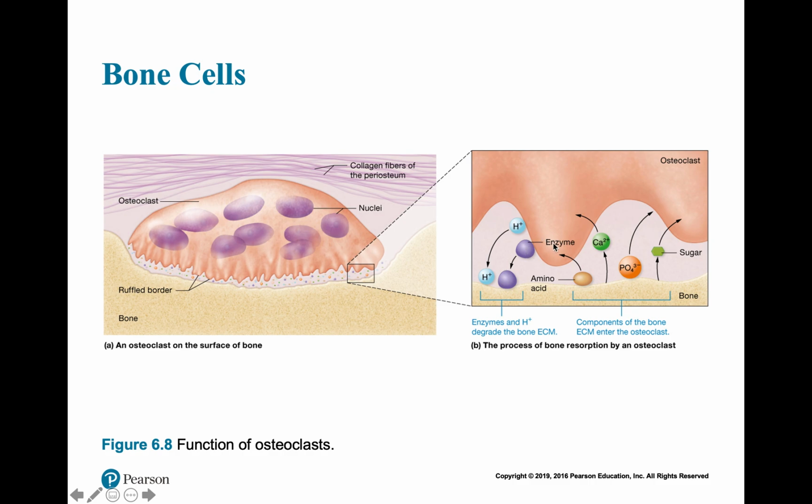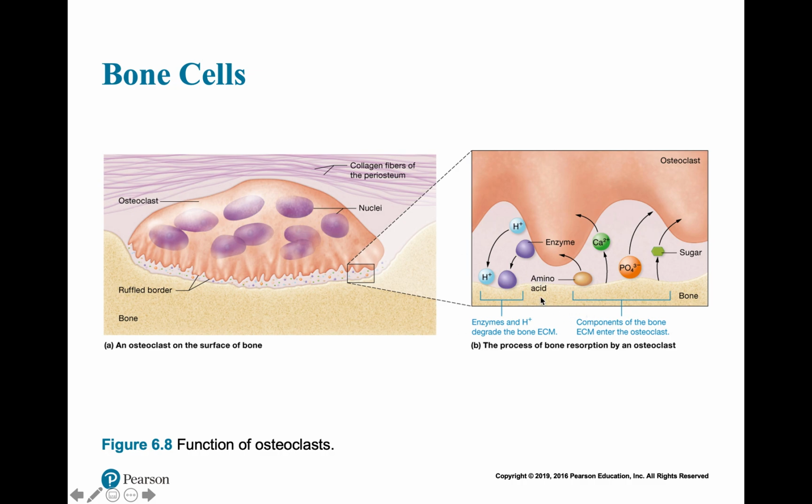Now, the enzymes that get secreted by the osteoclast will break down the organic matrix of the bone matrix, all right? So hydrogen ions create an acidic environment that breaks down the inorganic matrix. Enzymes break down the organic matrix. And what's interesting is all the components that get released.